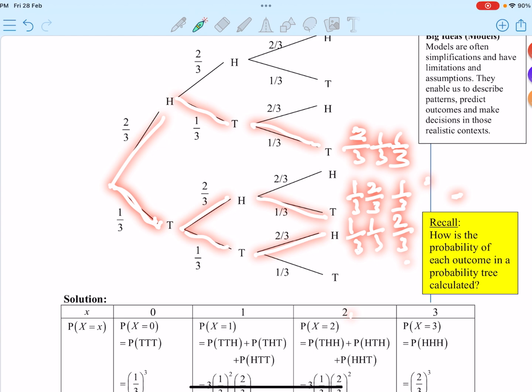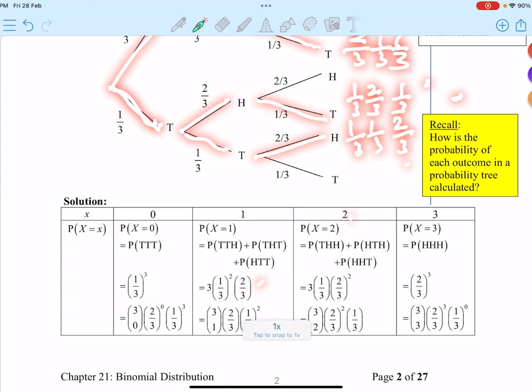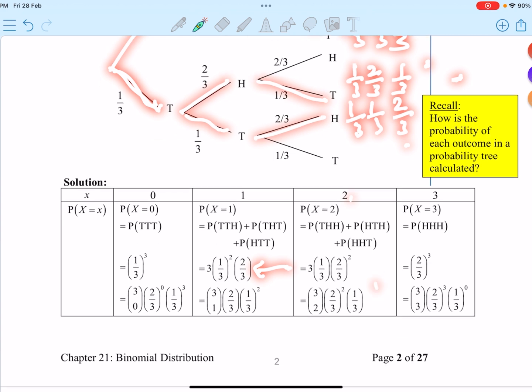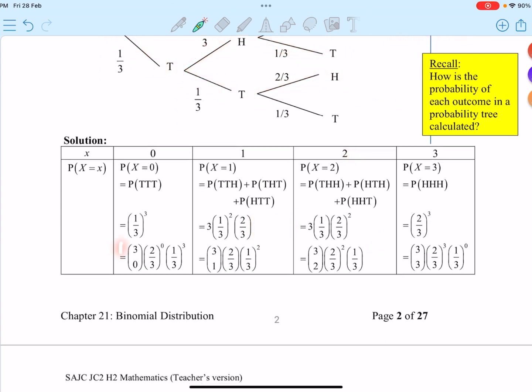If you look at these 3 probabilities, they can be condensed to this form. It can be rewritten in a similar manner as this.